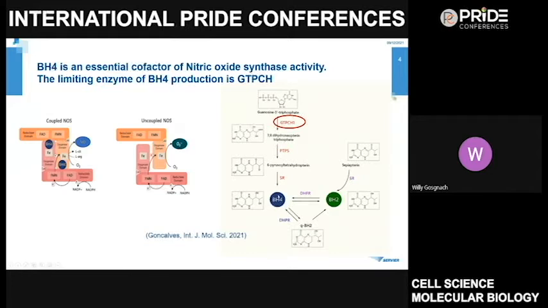And when BH4 has been produced, it can be rapidly oxidized into BH2. The BH2 is also able to bind nitric oxide synthase, but when nitric oxide synthase binds BH2, it is in the uncoupled state, that is to say, it produces superoxide anion instead of nitric oxide.